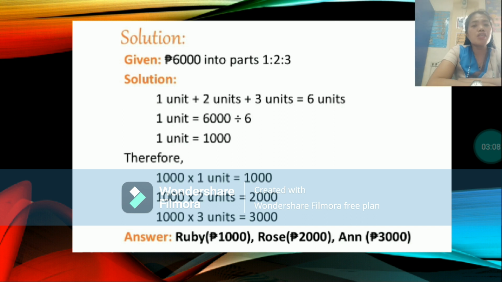Therefore, 1,000 times 1 unit is 1,000, 1,000 times 2 units is 2,000, and 1,000 times 3 units is 3,000. Since the ratio is 1 is to 2 is to 3 respectively for Ruby, Rose, and Anne, Ruby is going to receive a profit of 1,000, Rose will receive 2,000, and Anne will receive 3,000.